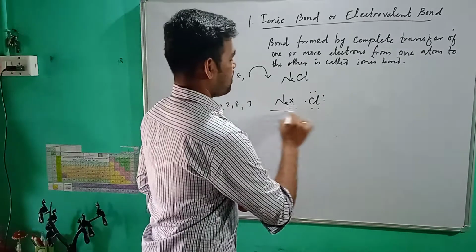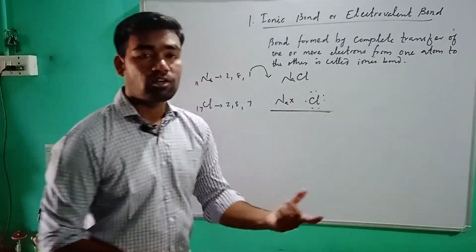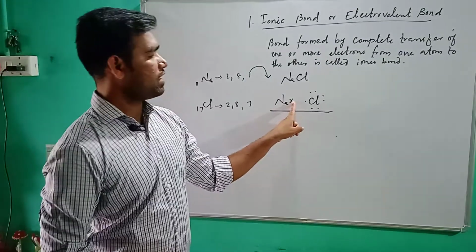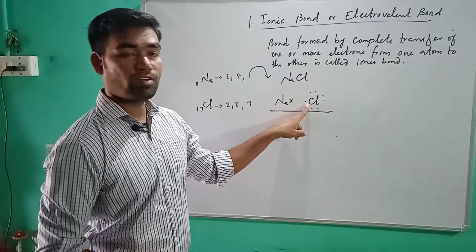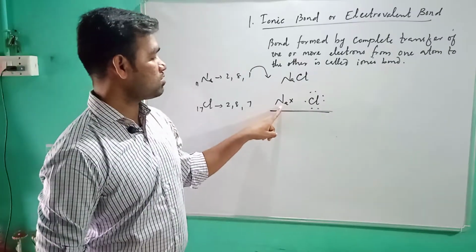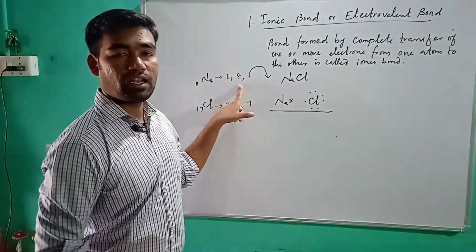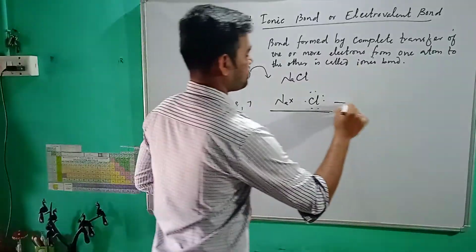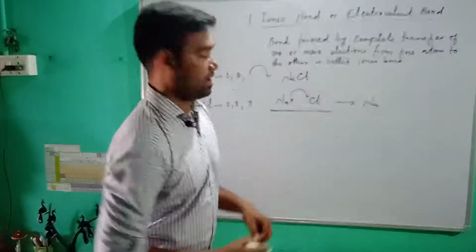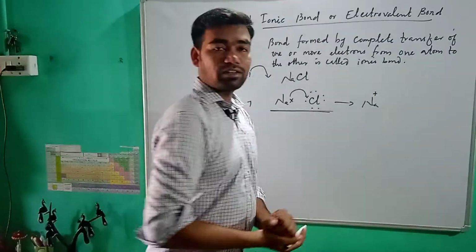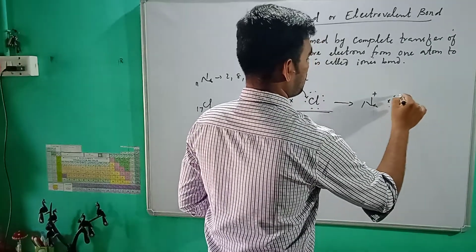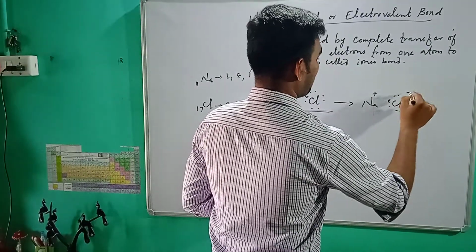So whenever sodium and chlorine come close to each other, they decide that sodium should donate 1 electron to chlorine, so that chlorine has its octet and sodium also has its octet in the previous shell. And that is how sodium, by donating this 1 electron to chlorine, becomes a positive ion, and chlorine, by accepting this 1 electron, becomes a negative ion.